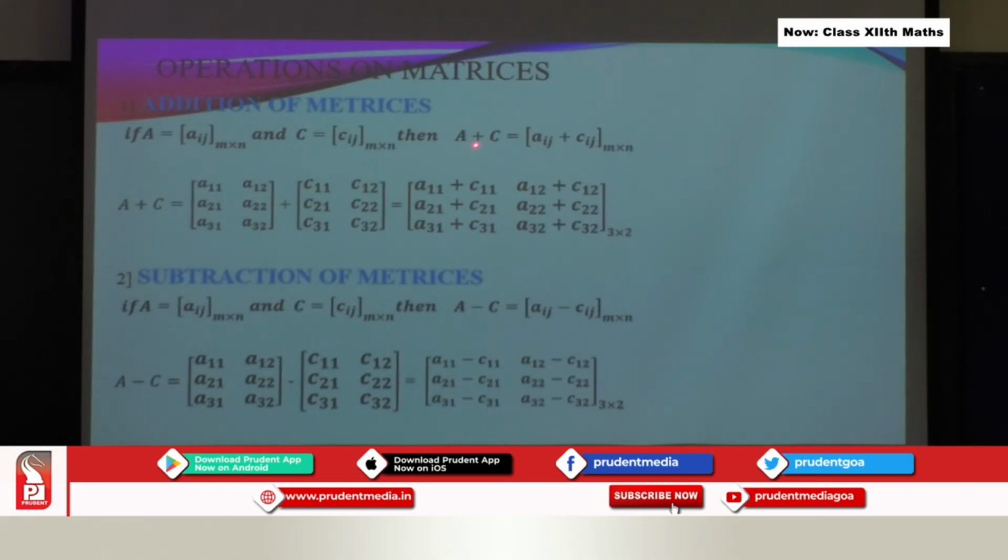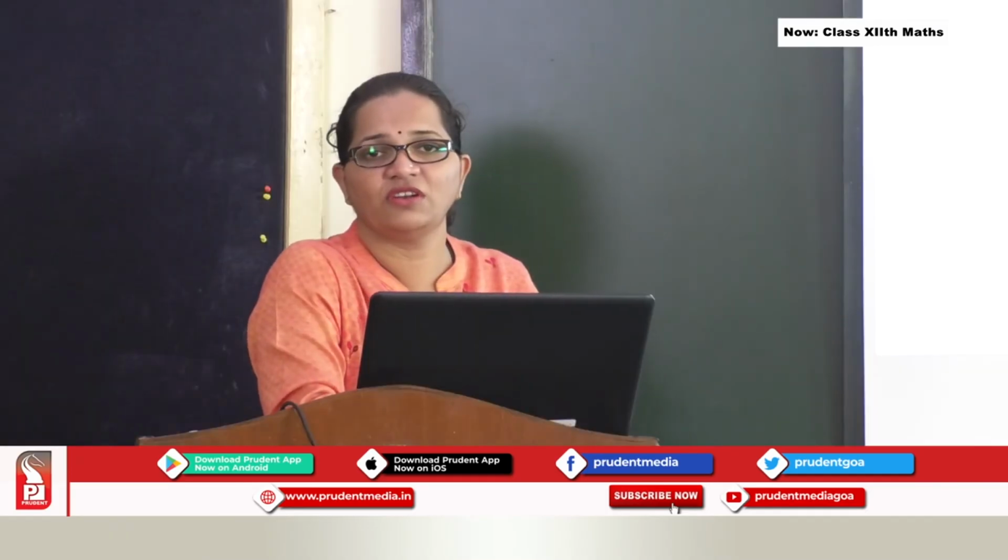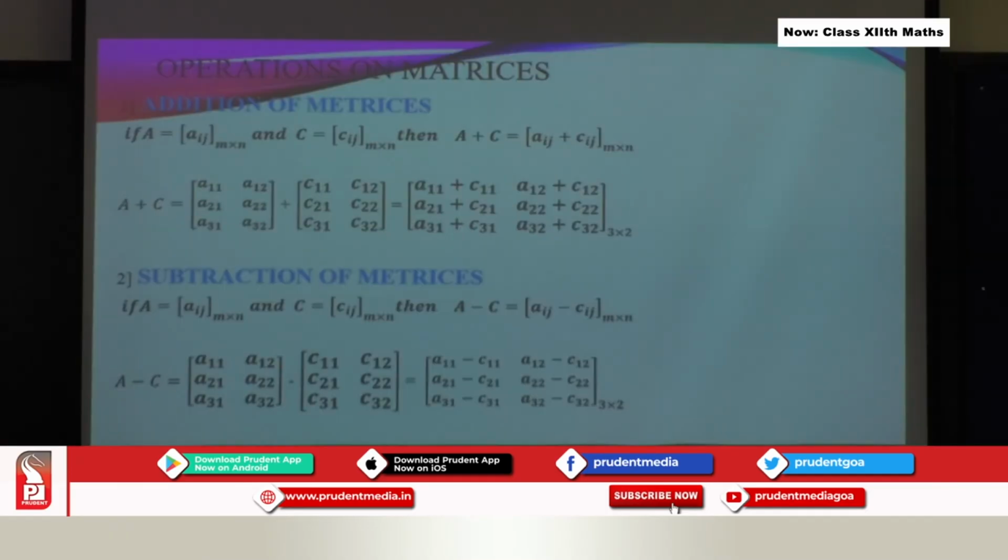So what we get over here, A plus C equals, you can see the corresponding elements are getting added. So what is the procedure you need to follow? The corresponding elements you need to add. In general, this is the first matrix plus the second matrix, and the first entry in the final output of addition I am getting as A11 plus C11.